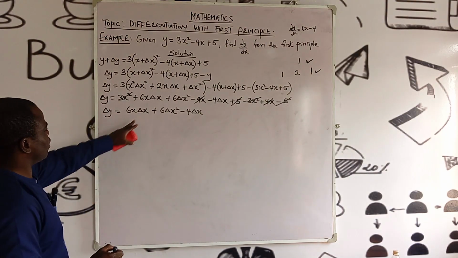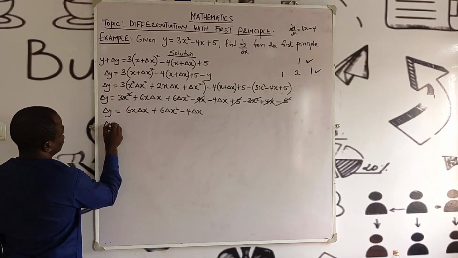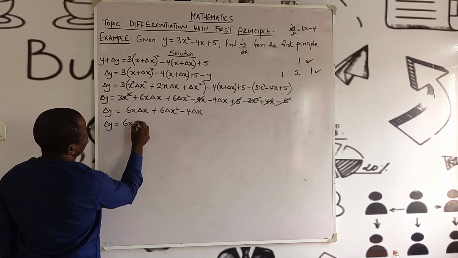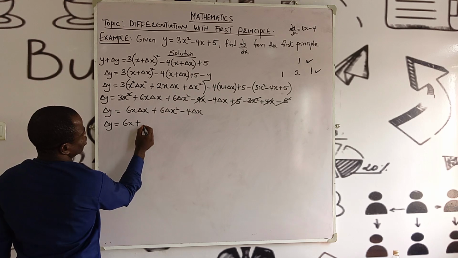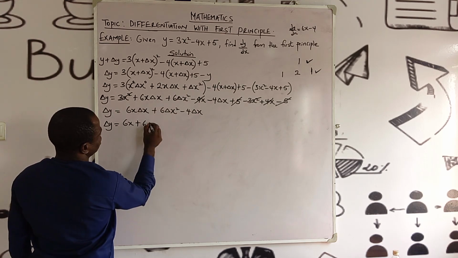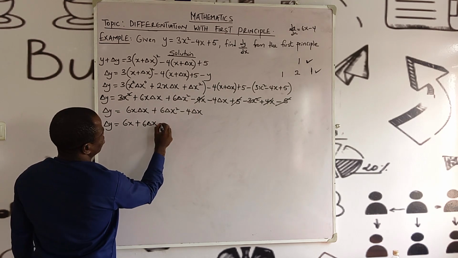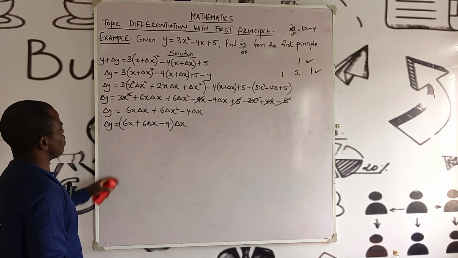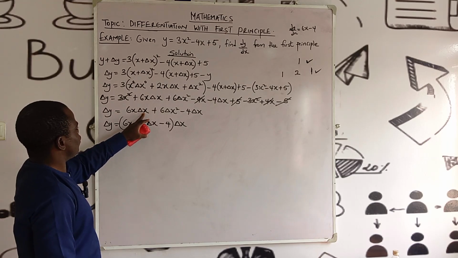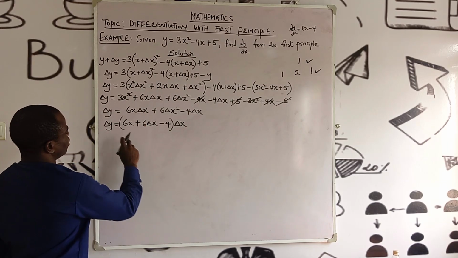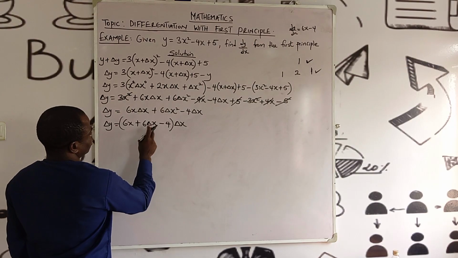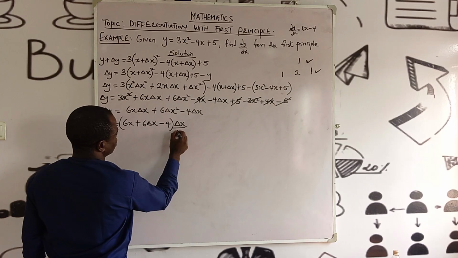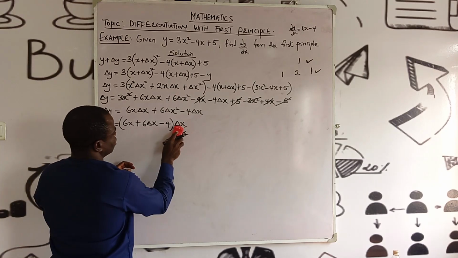Now let's factorize dx out. Delta y equals 6x plus 3 dx minus 4, bracket, dx. We have factorized dx out now. Since we have factorized dx, because we look for what is common in all, which is dx, divide both sides by dx. Okay, let me write it.